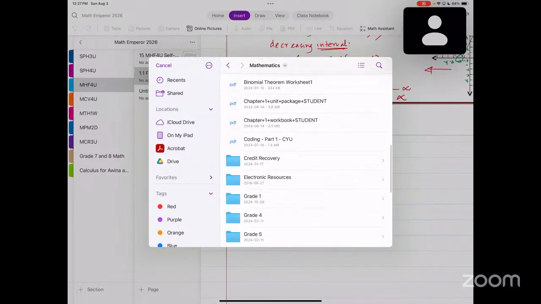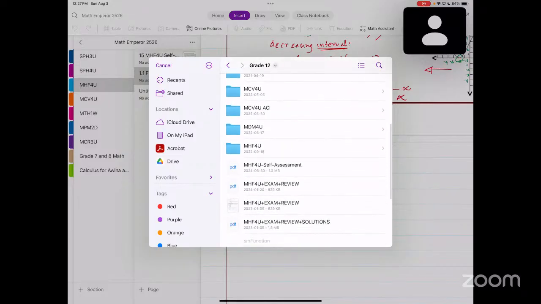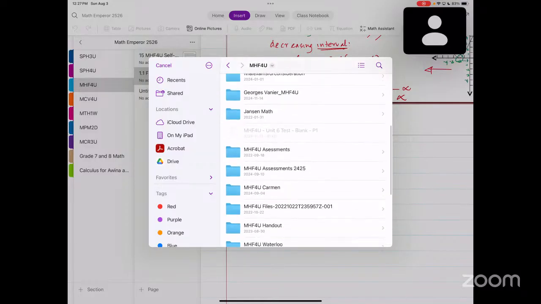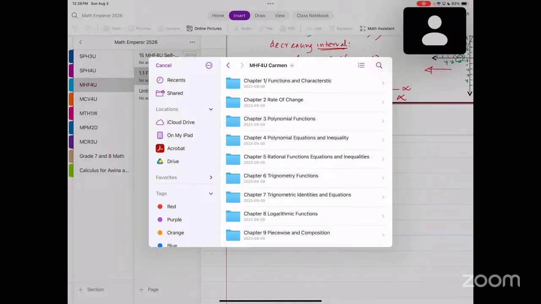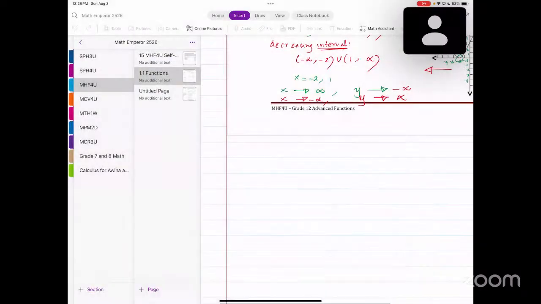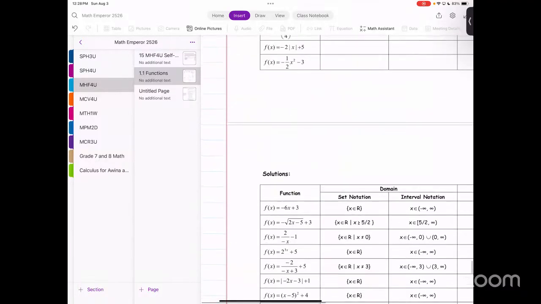All right, that is grade 12. That's chapter 1. You guys got that transformation PDF. Okay, here we go. We're going back to see how we should be able to state the domain and range for various functions.